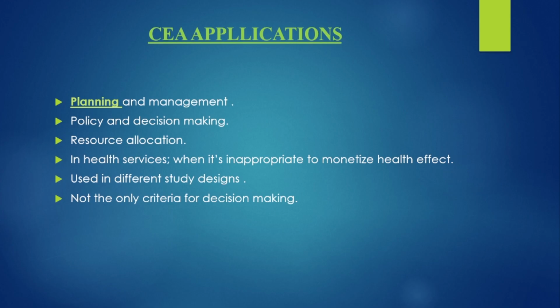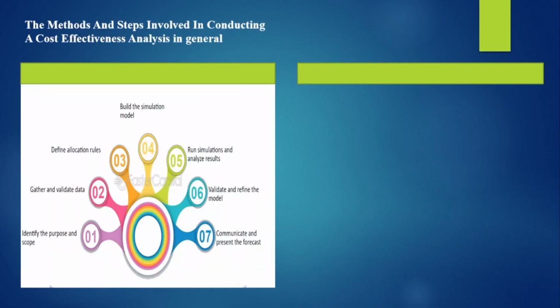So decision making, planning, management and resource allocation are very important areas for the applications of cost effectiveness analysis. Next, the methods and steps involved in conducting a cost effectiveness analysis in general.